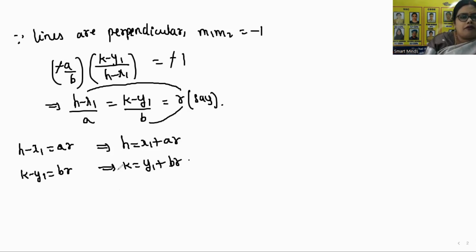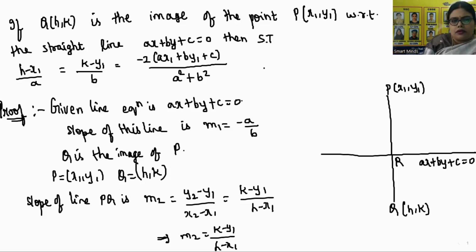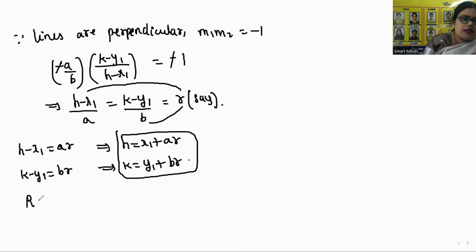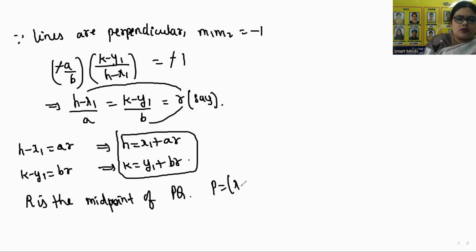Now after you get the values of h and k, you can see R is the midpoint of P and Q, correct? R is the midpoint of PQ. Now P is (x1, y1) and Q is (h, k). So we use the midpoint formula here.